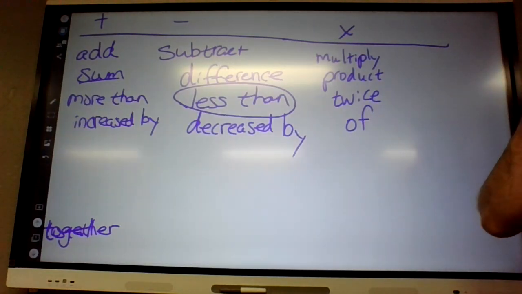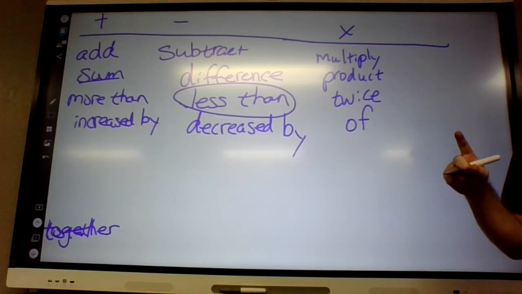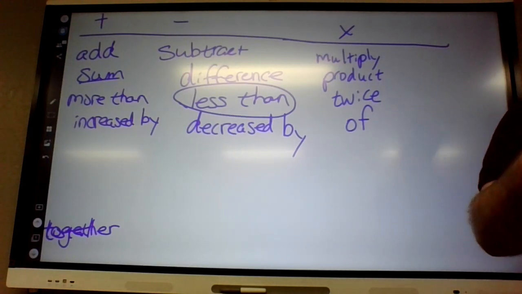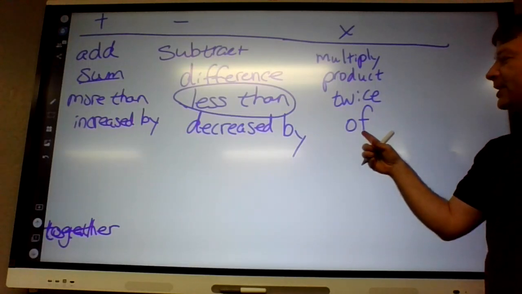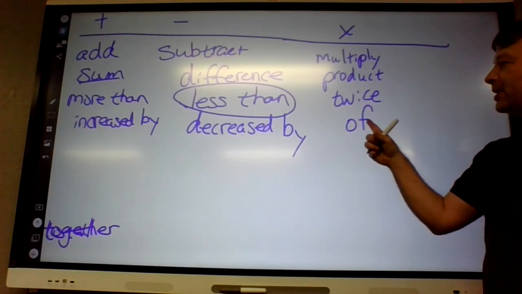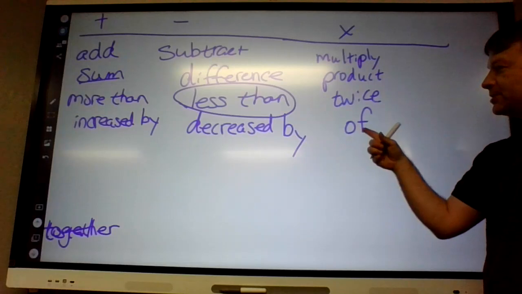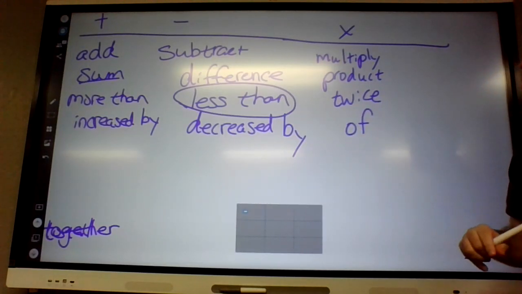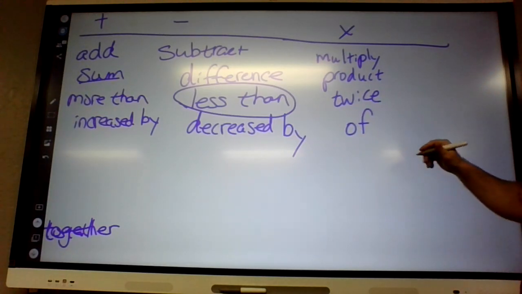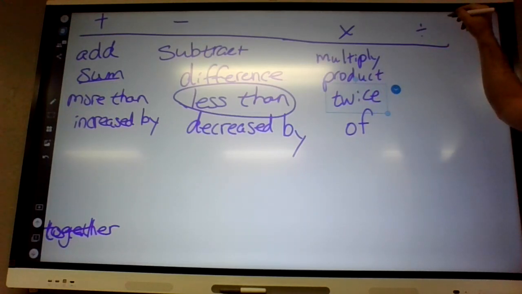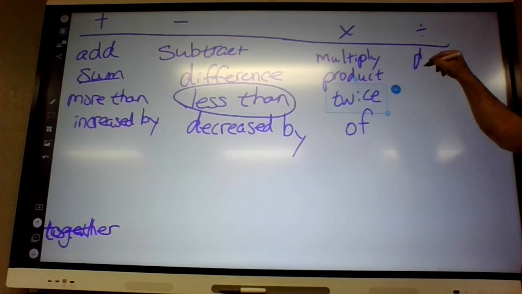It's used with percentages and fractions, like 3/4 of your age means times, or 75% of the people would be times. This is an important one because it shows up a lot, especially in word problems. If you see of, it's usually a times. Division and divide by.